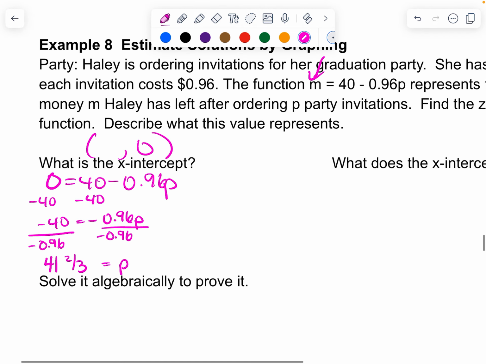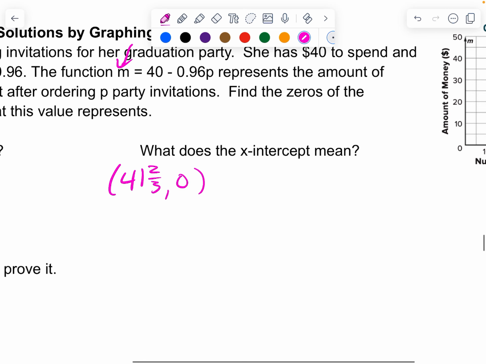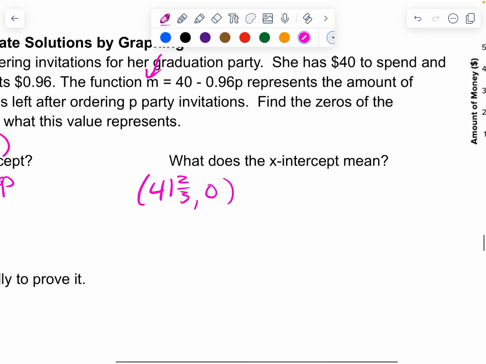Well, that's interesting. Okay, so what does that mean? I got 41 2/3. What does that mean?